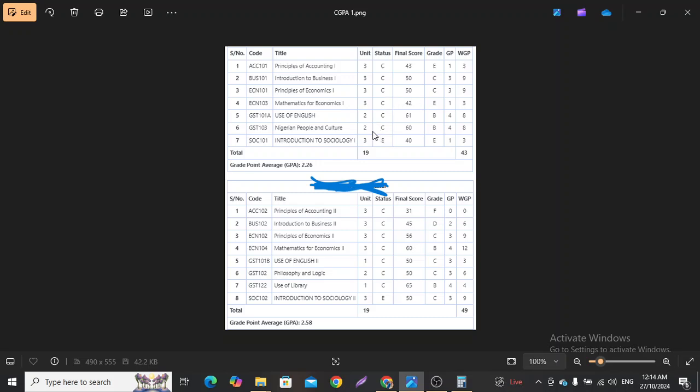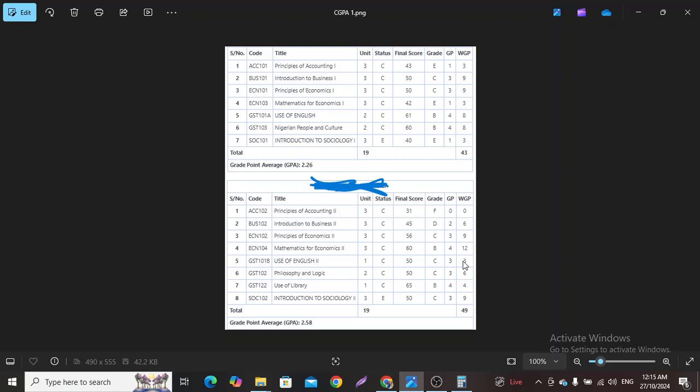If you earn a B where the course unit is 2, like in this Nigerian People and Culture, you have 4 multiplied by 2 to give you 8 weighted grade point. If you earn a C where the course unit is 1, that will mean 3 multiplied by 1 to give you 3.